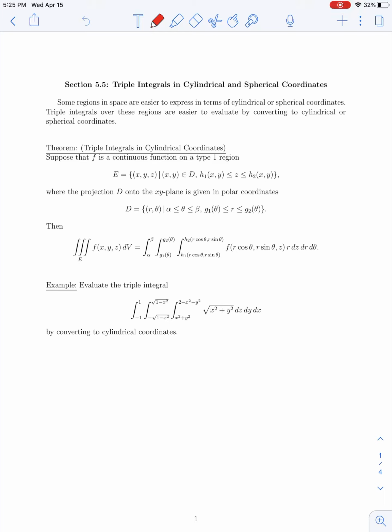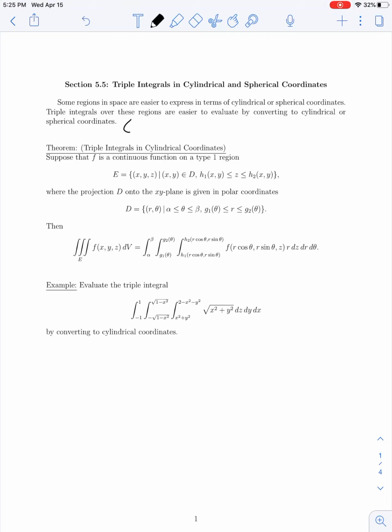So in the first part of this section, we're going to talk about evaluating triple integrals using cylindrical coordinates. Before we jump into that, let's review briefly what the cylindrical coordinates for a point in space are.